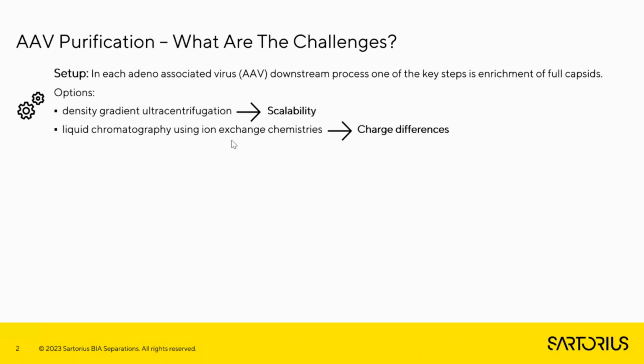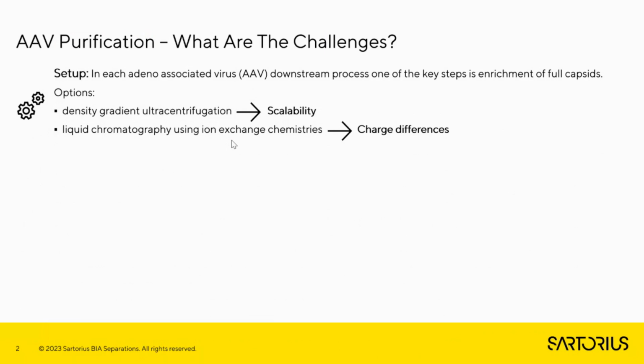For achieving that, we have two options. We can go with ultracentrifugation, which has limitations regarding scalability, and another approach, which does scale, is using different anion exchanger chemistries, but the problematic part here is the charge differences.